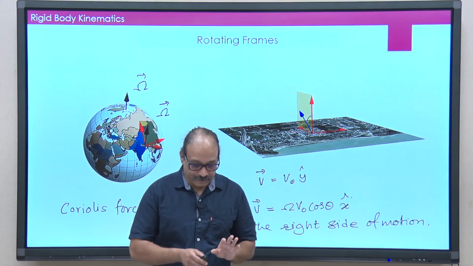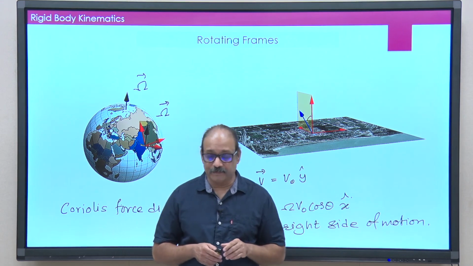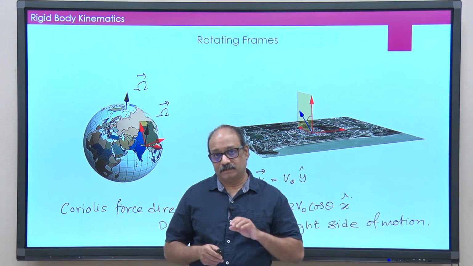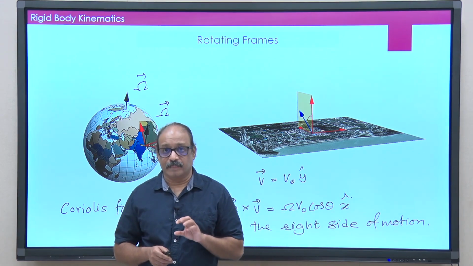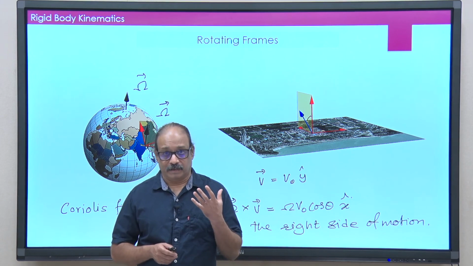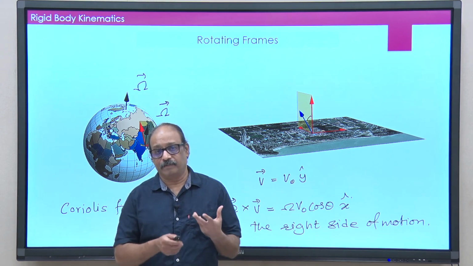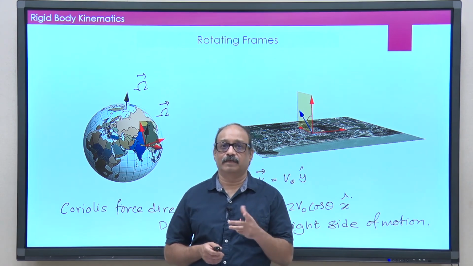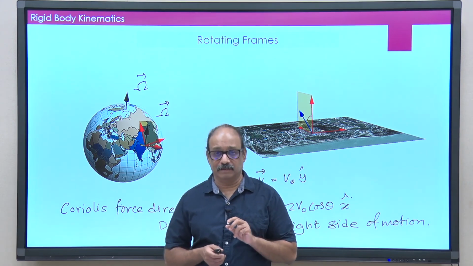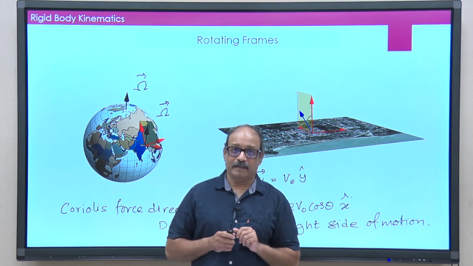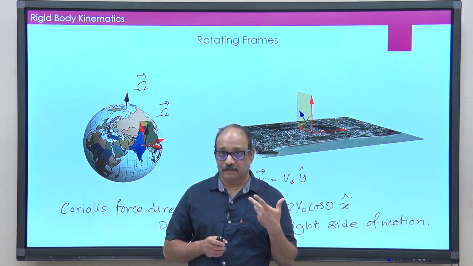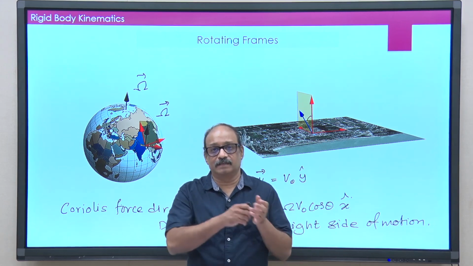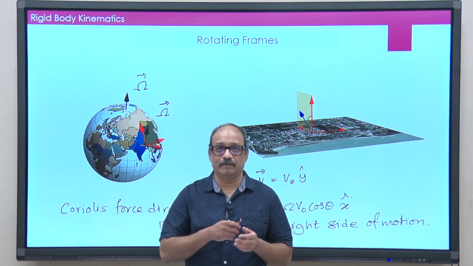Fine. So, this is basically the idea of rotating frames. Here what we have learned is that whenever there is a rotating frame, in the motion of rigid bodies, this will be applicable in the following way. Your i prime, j prime, k prime is a rotating frame which rotates along with the rigid body, and then we want to see the rate of change of various quantities as seen from S and as seen from S prime, and some of those quantities will be vector quantities.